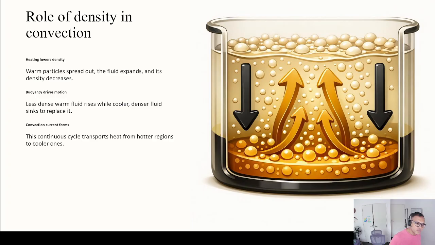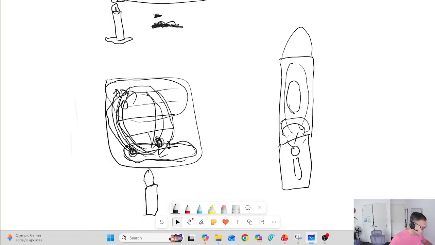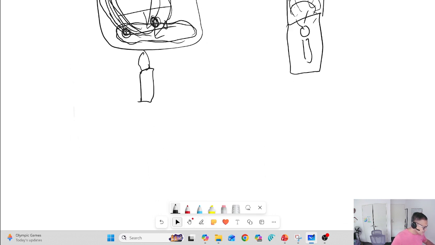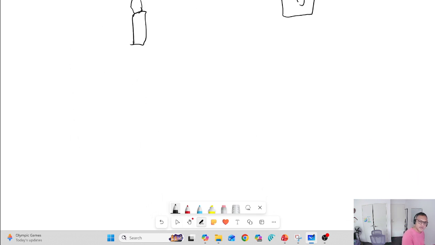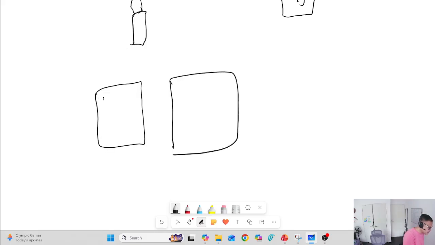What is density? Maybe just to refresh your memory, density is like population density. In an area, let's say the same area, if there are more people living close by, we call it a dense population. But if there is one person, maybe one or two houses here, one house here, one house here, this is less dense.